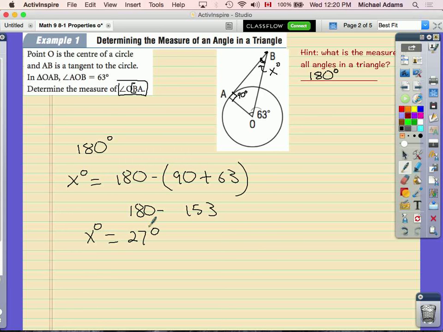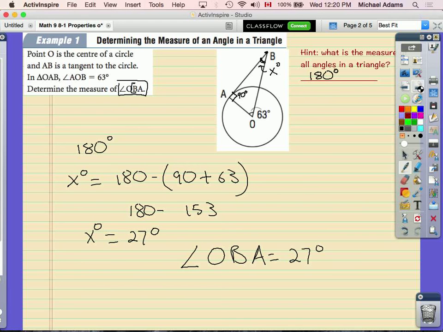So therefore, this angle OBA is equal to 27 degrees. I think that's fairly straightforward. Hopefully you understood the math that we did there.